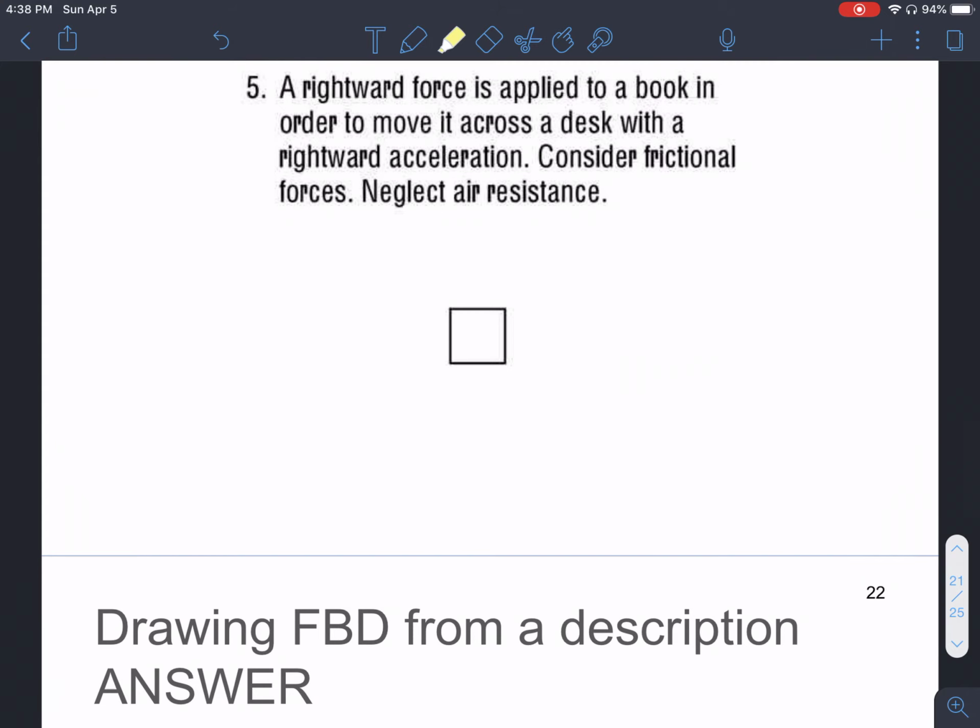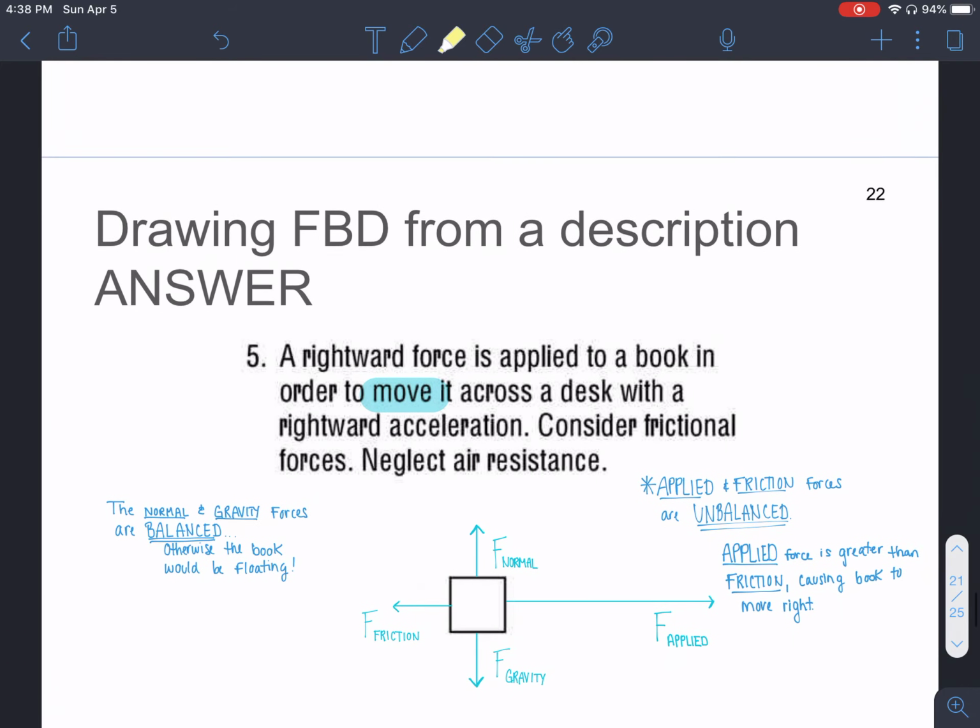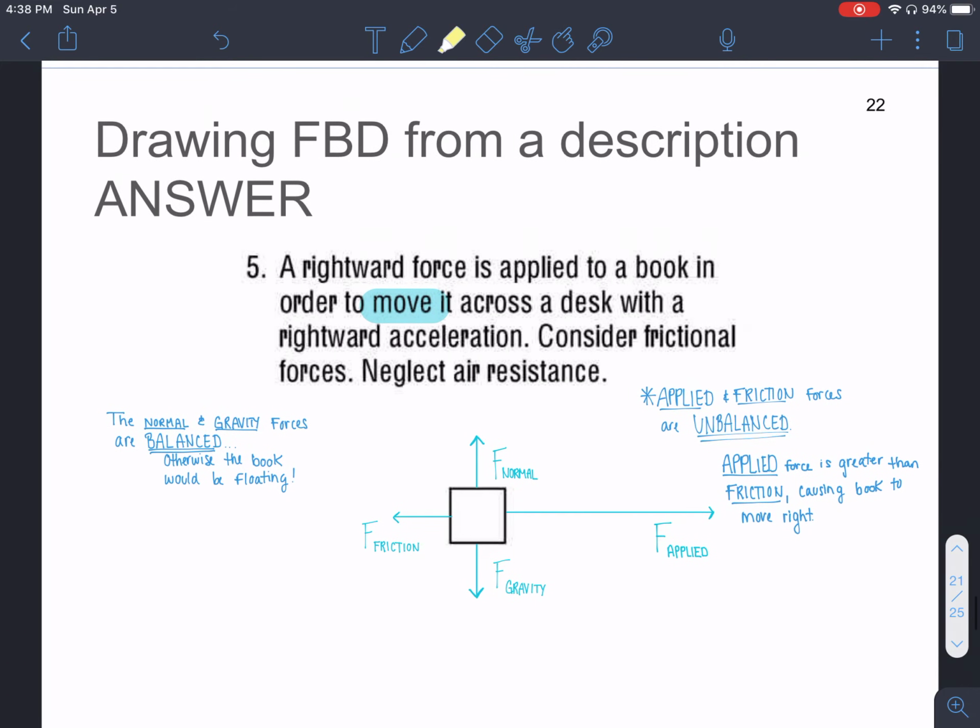All right, now I'm assuming this one was probably the most challenging since it was your first try at this. Let's see how you did. So the object is moving, and it is moving with a rightward acceleration. As you can see, my applied force, which was just somebody pushing the book, has the largest arrow going toward the right.